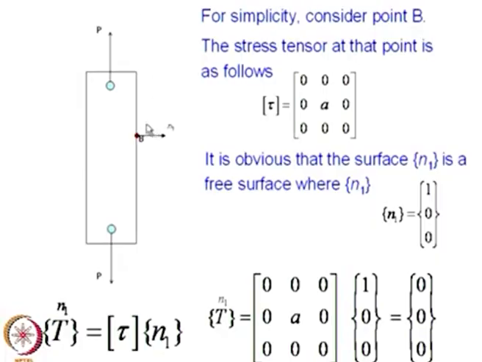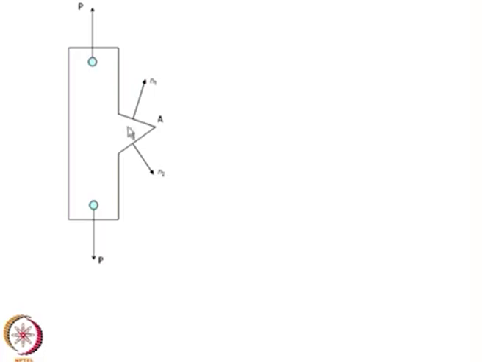Now, for this problem we have seen that on a free surface the stress vector is 0. Suppose I take another problem where I have a projection like this, and I am not interested in finding out stresses at all these points.